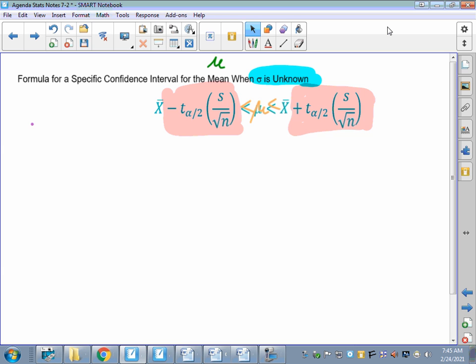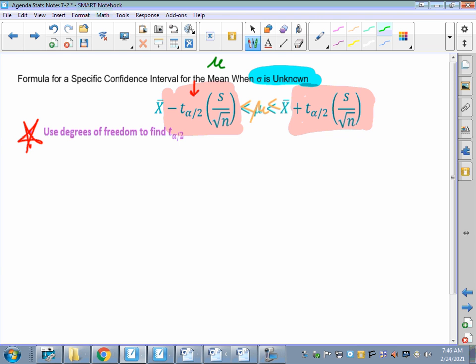We used a z value instead of t. We're using s instead of sigma, but it's still standard deviation, and it's still divided by the square root of n. So x bar minus that margin of error is less than mu, which is less than x bar plus that margin of error. And don't forget to use degrees of freedom. You will get the wrong answer because you'll put the wrong critical value in for your math.